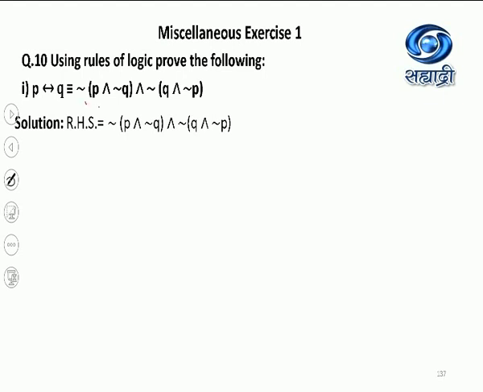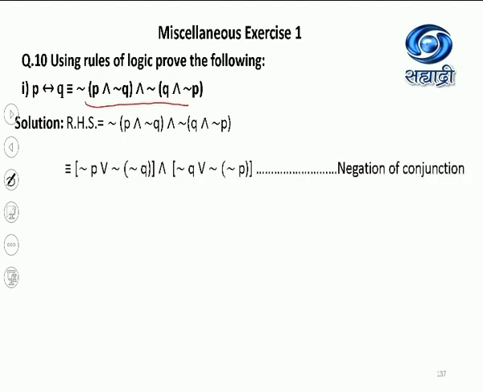I can see the right hand side is a little bit lengthy and it looks complicated, but let's simplify it and come back to the RHS. So, in the solution, I write the RHS expression, and what do I see? I use the law of negation of conjunction for the first bracket and the law of negation of conjunction for the second bracket.